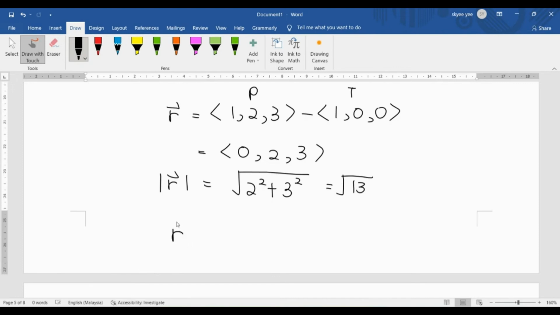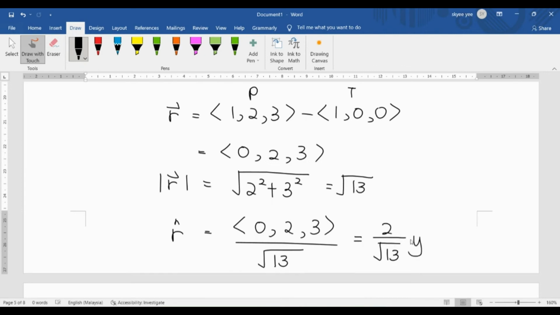So we need to find this one also. This will be equal to (0, 2, 3) divided by square root of 13. Meaning that this is 2 over square root of 13 y, plus 3 over square root of 13 z.